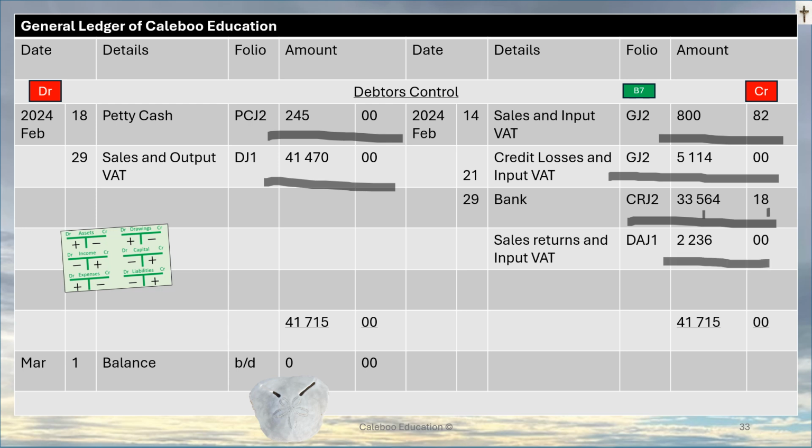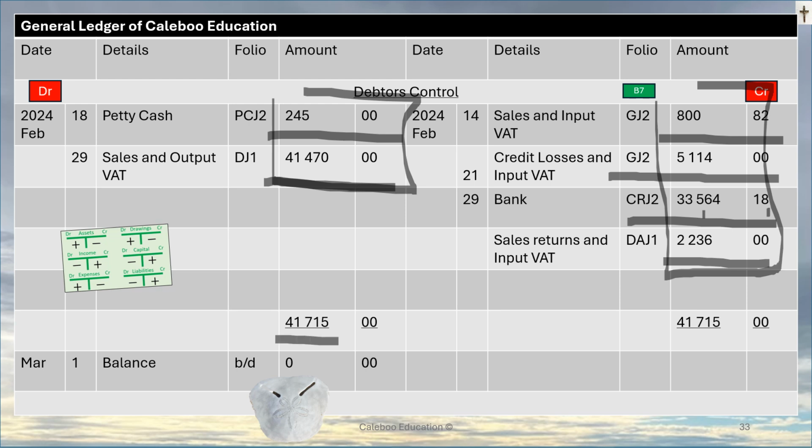Now we've learned how to balance general ledger accounts. We add up the credit side and we add up the debit side, and we see that the two sides are equal. So we add to the smaller side. There is no smaller side here because the sides are equal.